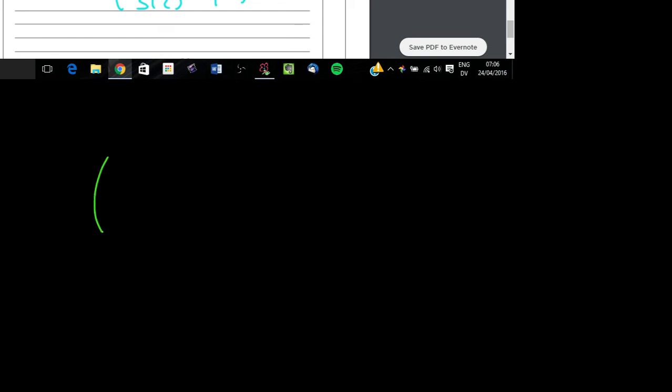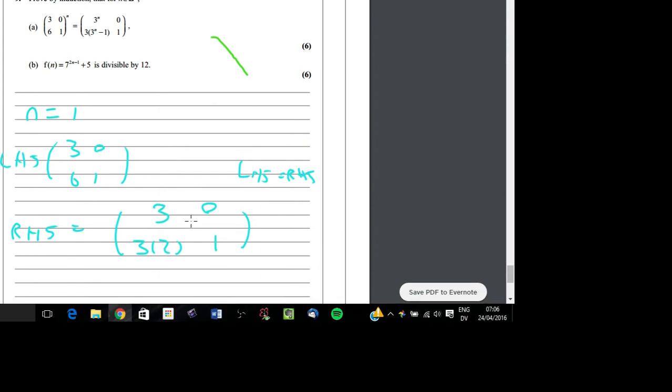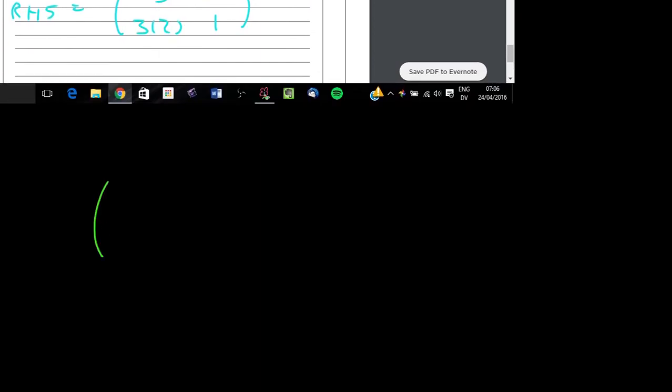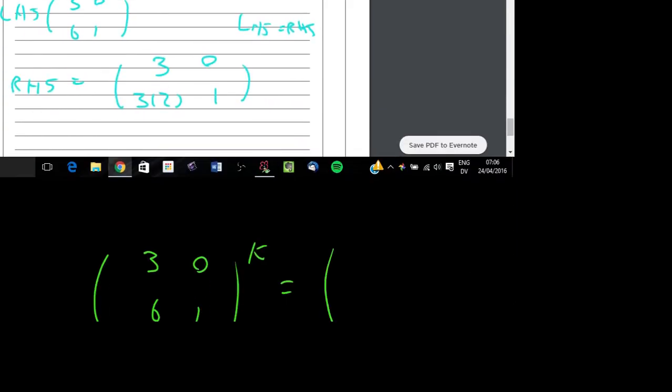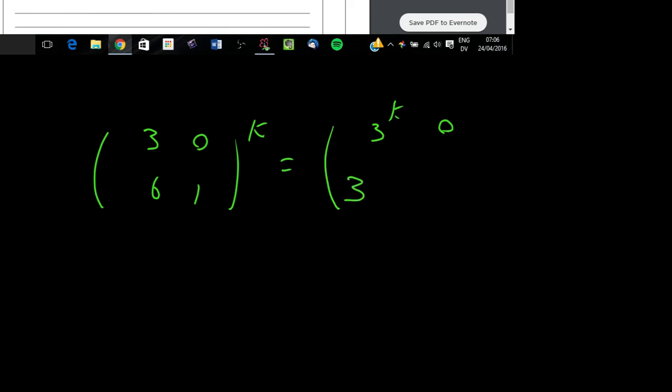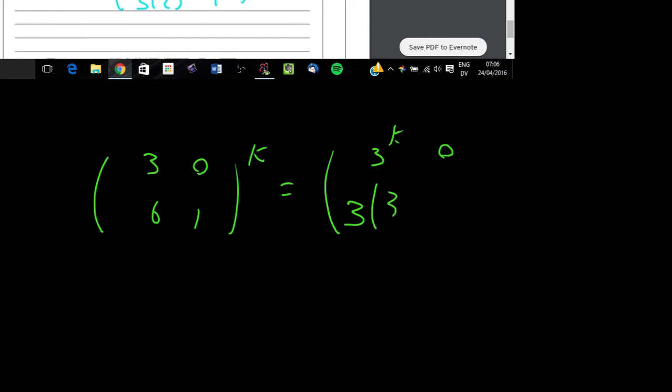So assume that you can write the matrix 3, 0, 6, 1 to the power of k, we assume that can be written as 3 to the k, 0, then 3 times 3 to the k minus 1, and 1.